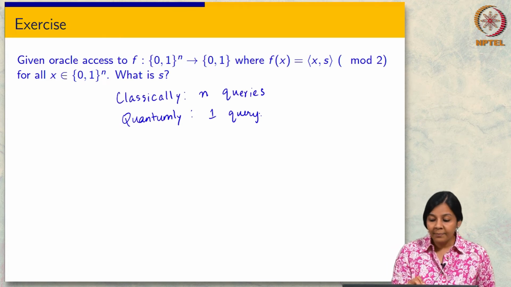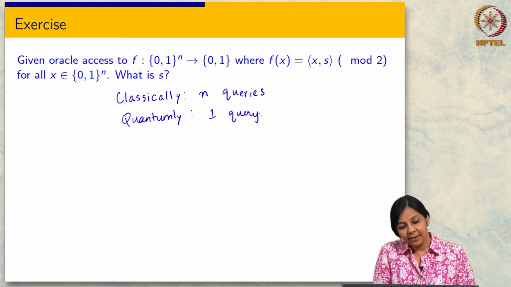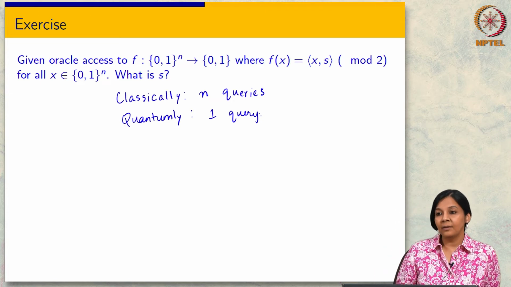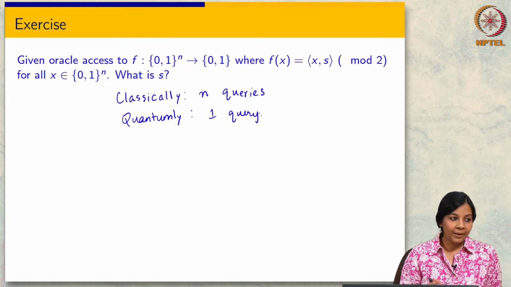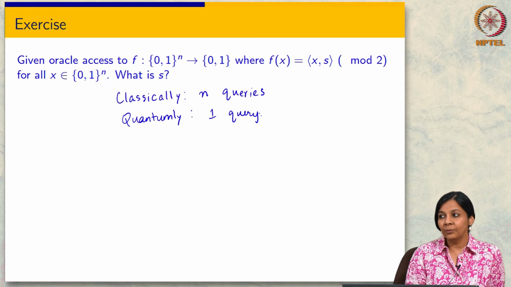So now this time I would like you all to think about how to do this. I can give you a hint that indeed proceeding as in Deutsch-Jozsa is the right direction, but obviously it's not the same problem. So how are you going to use those ideas to solve this problem?